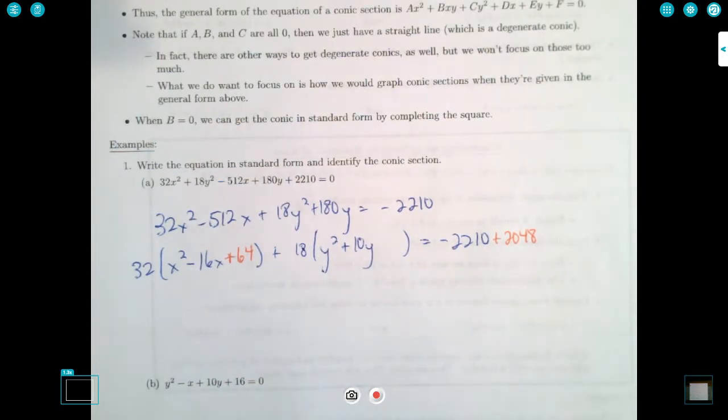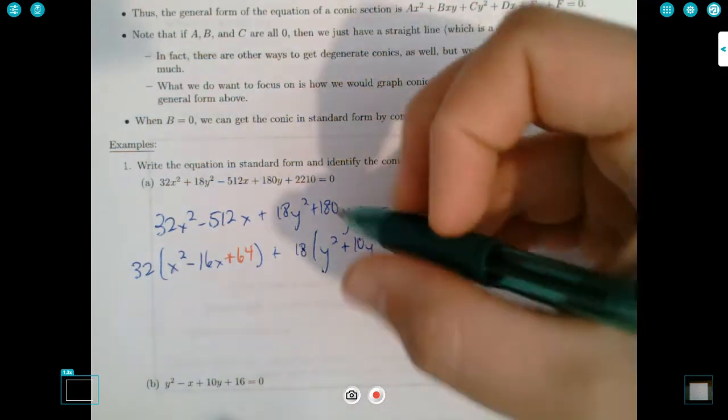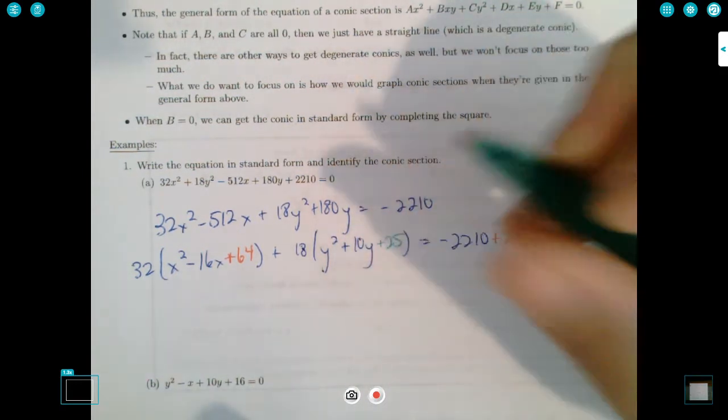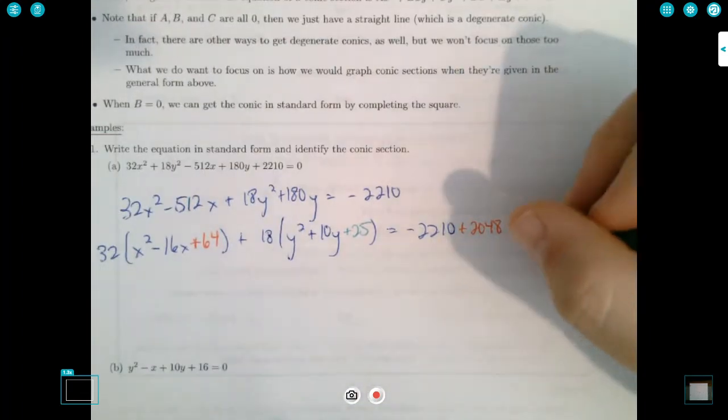And then in here, I do the same thing. 10 divided by 2 is 5. 5 squared is 25. By adding a 25 inside of there, I'm really adding 25 times 18, which is 450.